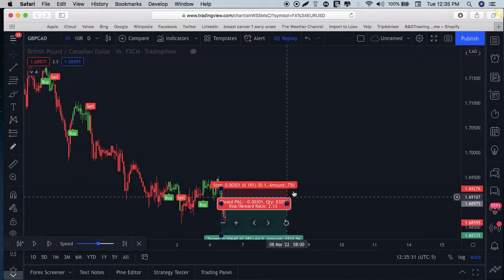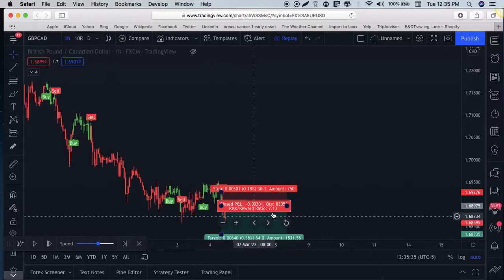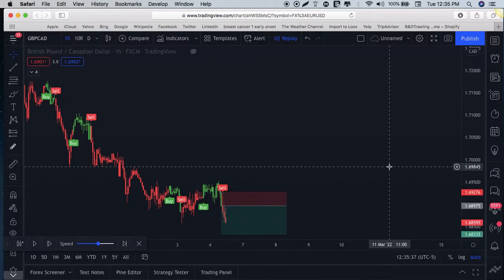So my stop loss is 30 pips, and I'm always trying to aim for at least a 1 to 2 risk reward ratio. Now, not sure if you guys know, but with Forex trading, your win rate isn't necessarily very important. It is helpful, but it's not very important.